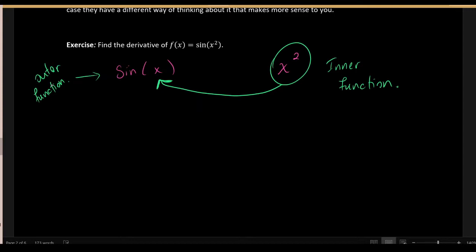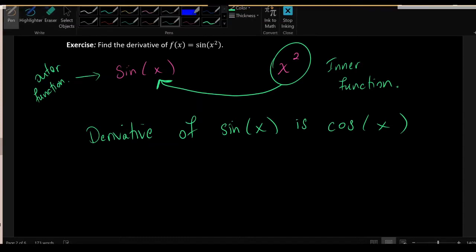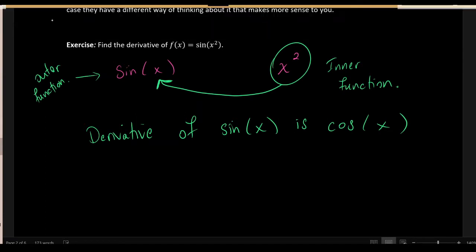So now that I've done this, I'm going to ask myself a couple of different questions. The first thing that I'm going to ask is, what is the derivative of the outer function? What is the derivative of sine of x? The derivative of sine of x, we know, is cosine of x. So what I'm going to do next is go in, and where I've written down this statement, I'm going to just erase x and leave a blank spot there.